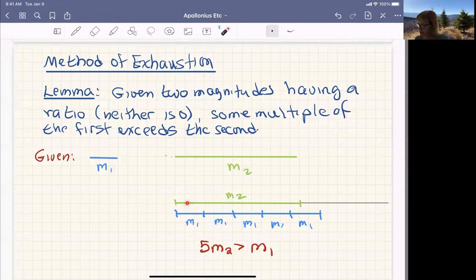So here's m2 again. And notice that if I take 5 m1s, that goes further out than m2. So 5 times m1 is greater than m2.